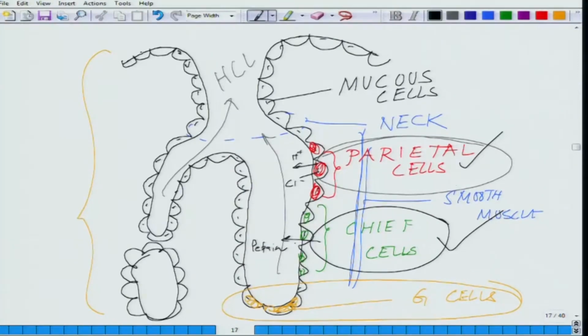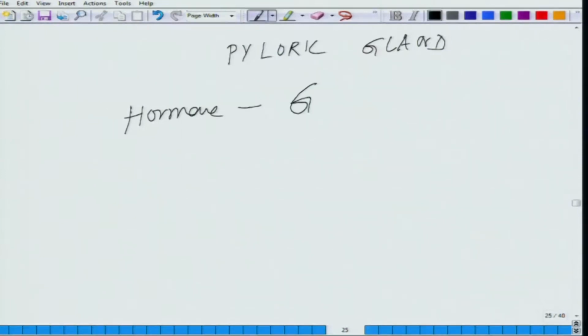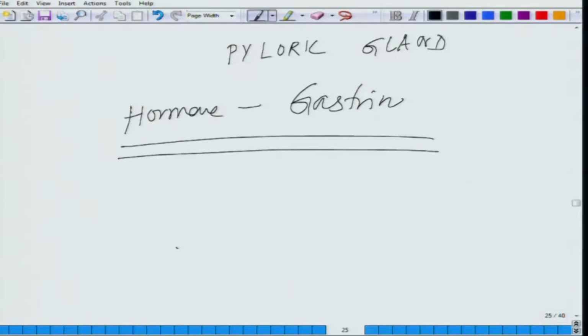Now, let us talk about the third one in the line, which are the G cells. In the pyloric gland, they secrete a hormone called gastrin, which is produced by the G cells.